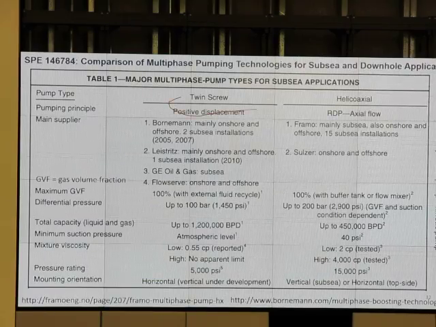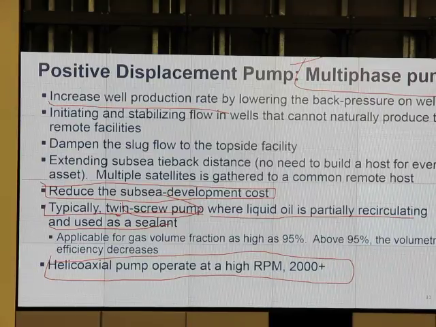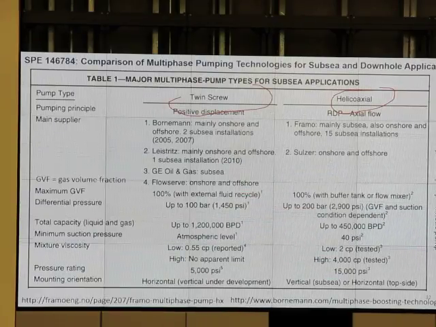We have twin screw, helicoaxial. And this is a comparison. We don't emphasize on that, but just so you know, we have a PD pump that can handle some gas too, which is the multiphase pump. It can be either twin screw or helicoaxial.